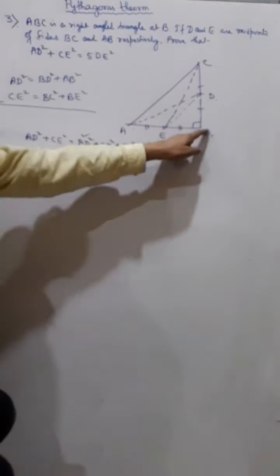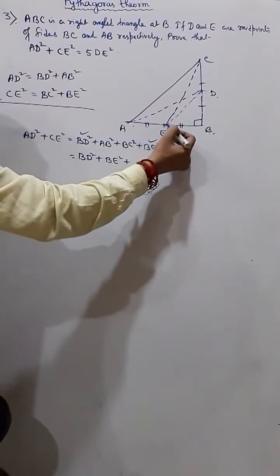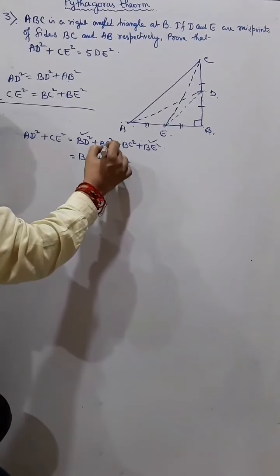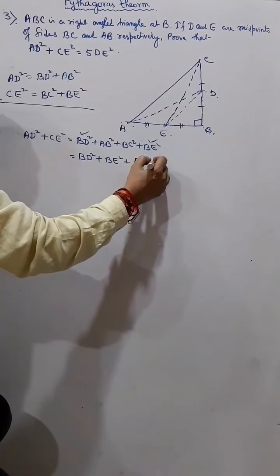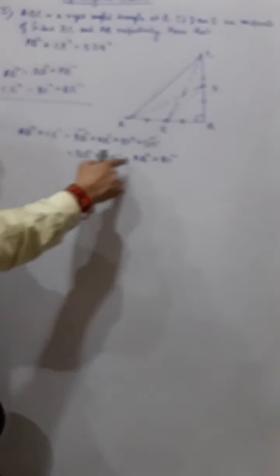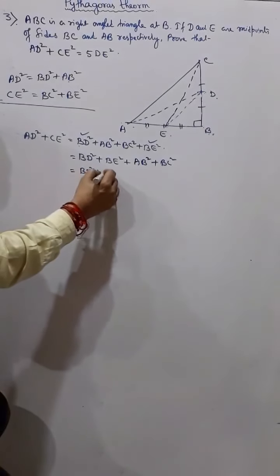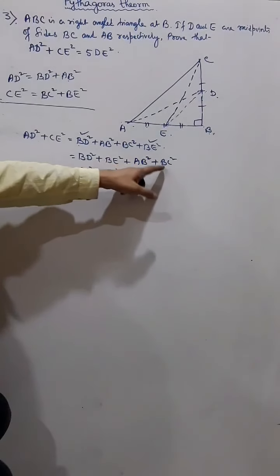So in place of AB I can put EB: AB means twice of EB, because E is the midpoint. First let's set and write AB square and BC square. So BD square is required, BE square is also required, but AB square and BC square are not required.